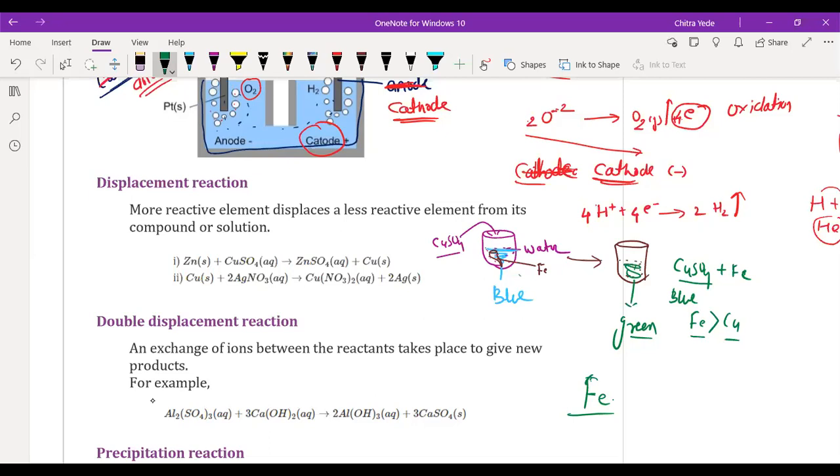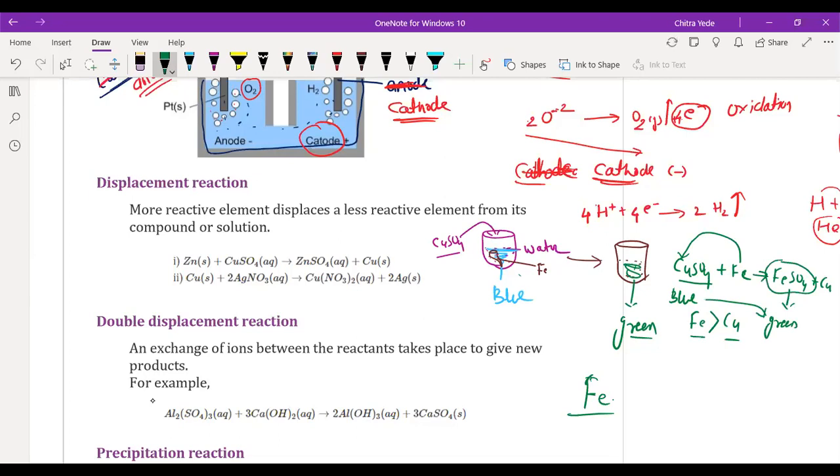This more reactive element replaces the less reactive element from its salt, and forms FeSO4, ferrous sulfate, and copper metal gets separated and settles down. Here its color is green. So blue color converting into green shows that there is formation of ferrous sulfate.